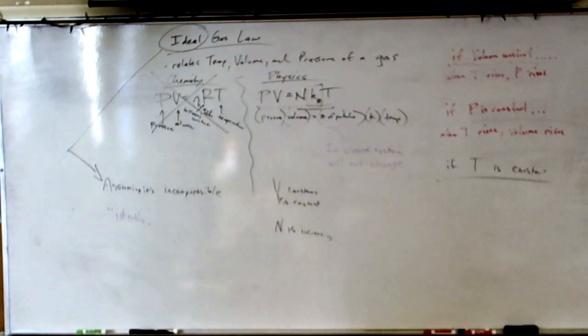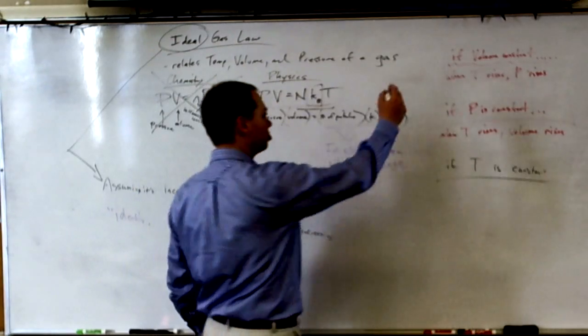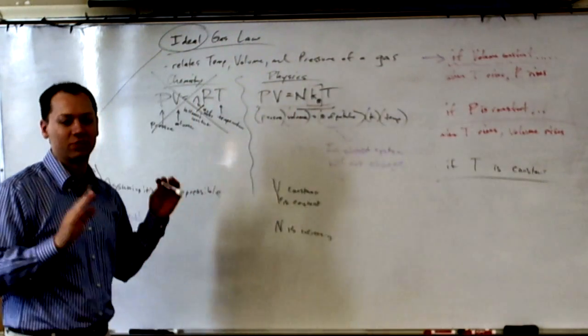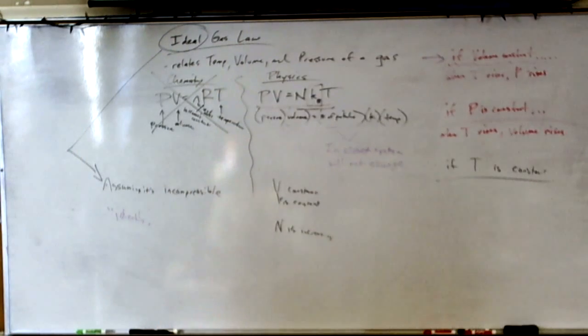Incompressible, meaning that if I can't compress this, what can't I change? Pressure? Well, yeah, but I also can't change the volume, right? If I couldn't bend this, I couldn't change the volume, right? Yes. So in the ideal gas, this is usually going to be the case. Usually we're going to assume that volume is constant, even though it's really not completely.